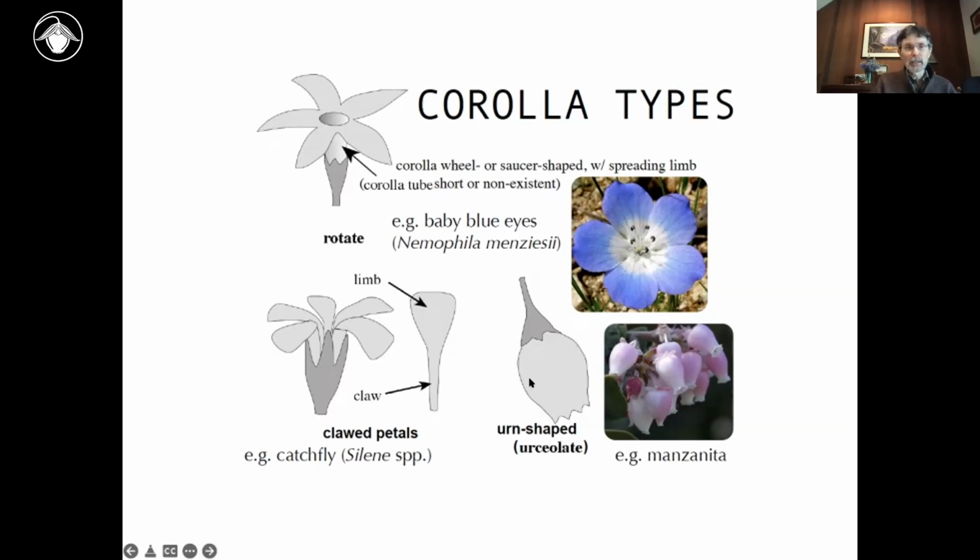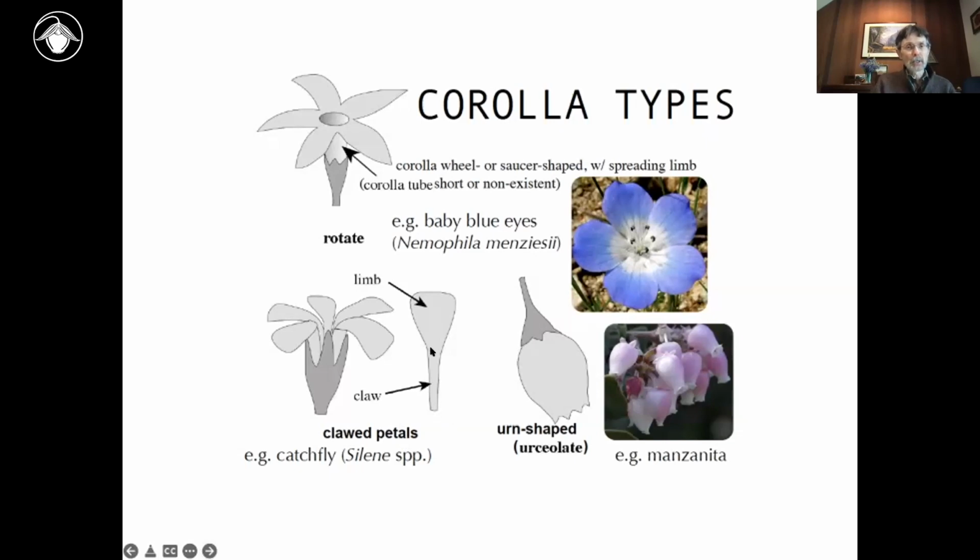Urn-shaped is also like it sounds, where the flower is widest at the base, fused all the way close to the tip, and narrowest right before the tip. A manzanita flower is a great example of this, as you see here. So it's shaped like an urn. We don't use the term urceolate in the Jepson glossary, but you will find that term used for that shape.